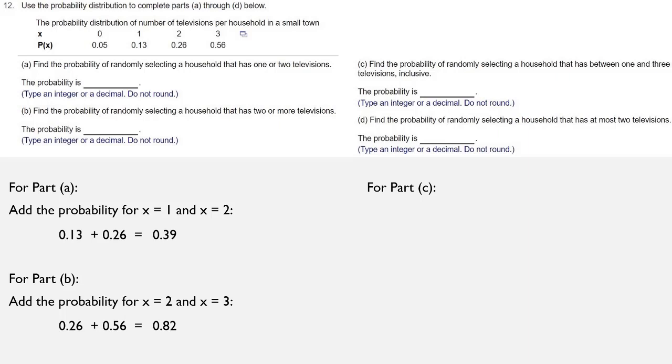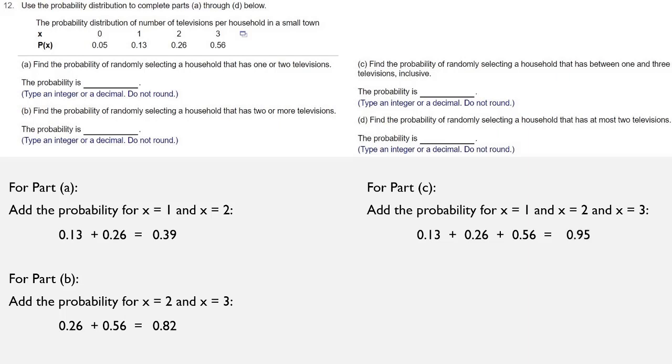So this time we're going to find 3 probability values, the probability of 1, the probability of 2, and the probability of 3, and add those together. Probability of 1 is 0.13, for 2 it's 0.26, for 3 it's 0.56, and when we add those together, we get 0.95, and that's your answer for part C.